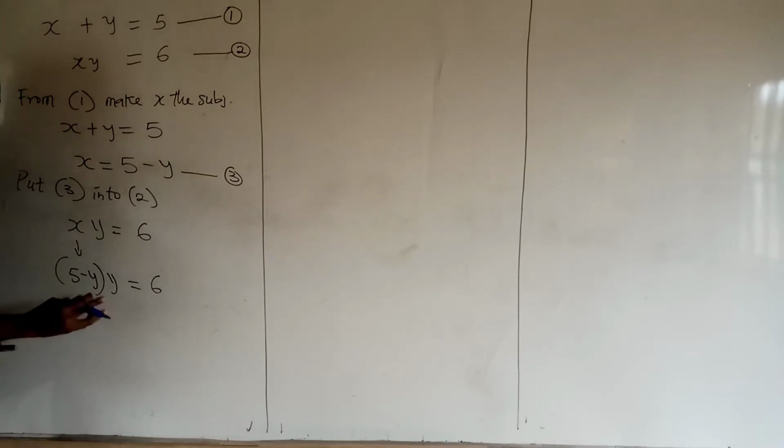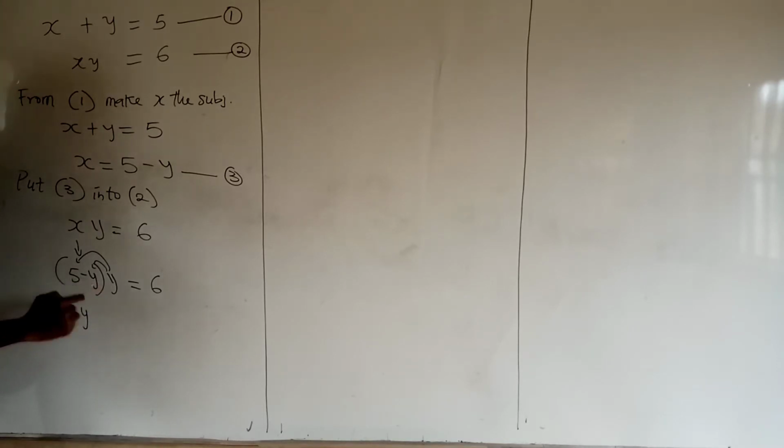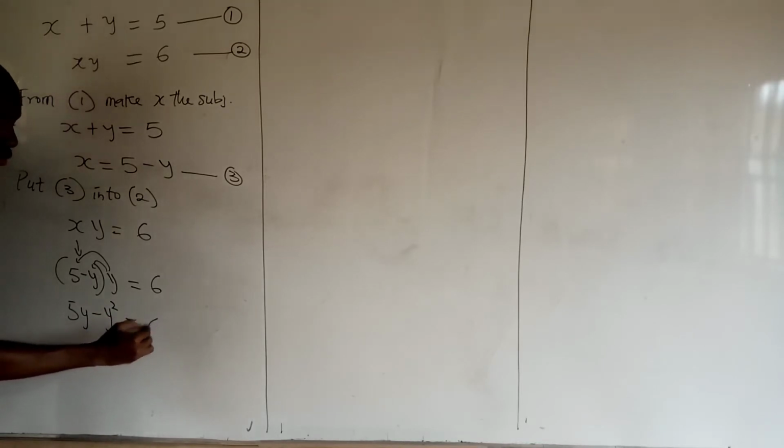Then the next thing we do is to distribute this with y. So I have y multiplied by 5 and y multiplied by negative y. y times 5 gives me 5y, and y times negative y gives me negative y squared, equal to 6.